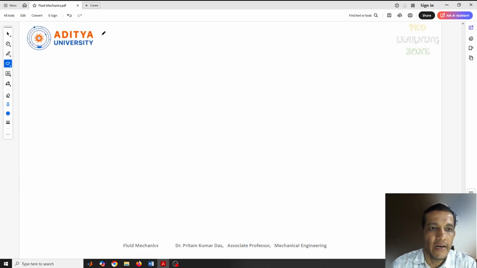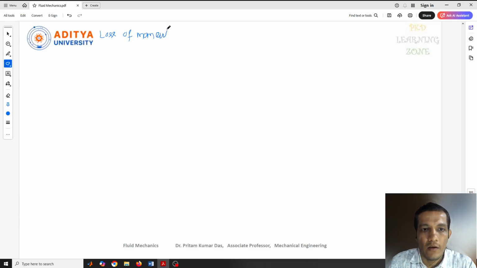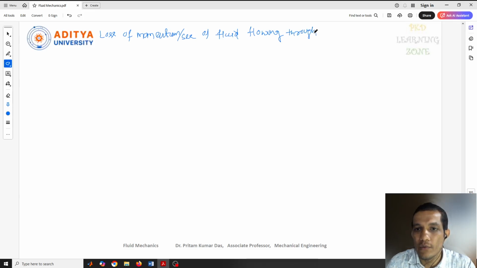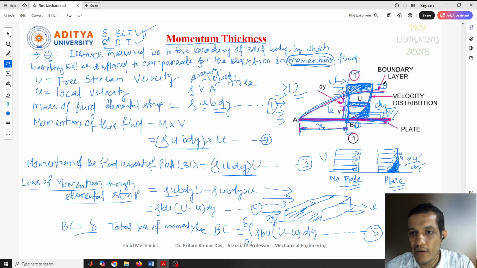Now we need to identify the loss of momentum per second of fluid flowing through distance theta with a velocity U. See once again, the distance I have taken here is theta.